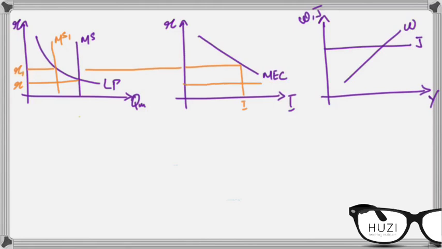Initially this was the investment level. So investments fall, let's call this I1. Investments fall, injections fall. So if this was the previous equilibrium national income, this is your new equilibrium national income.